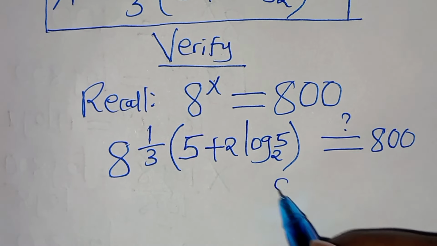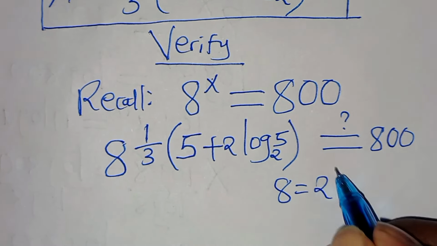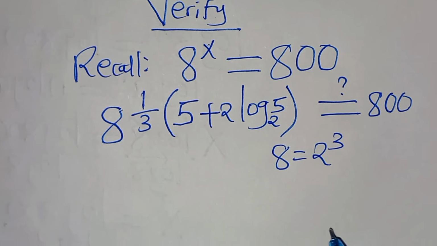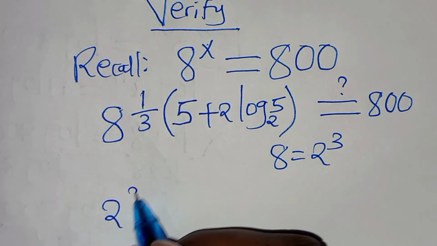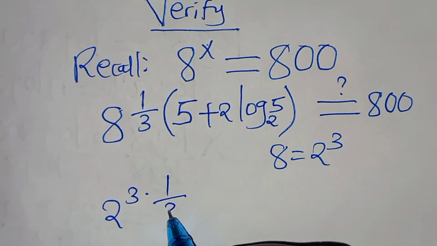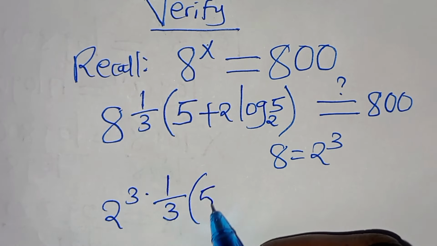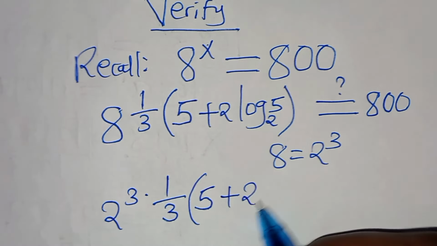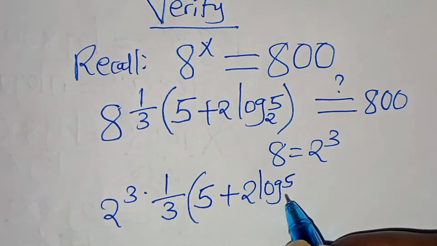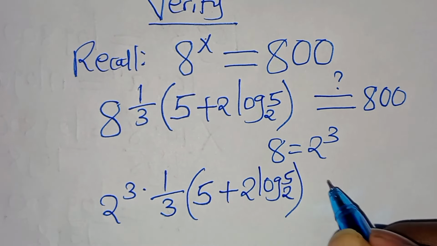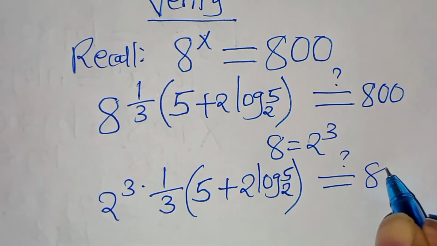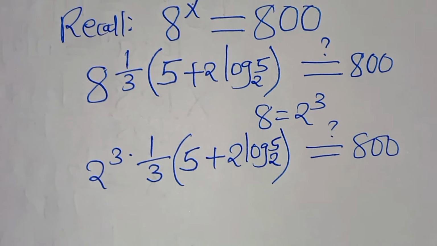So we can express 8 basically as 2 to the power of 3. So we have 2 to the power of 3 times 1 over 3 into the parentheses, 5 plus 2 log 5 to the base of 2. This should give us a value of 800.